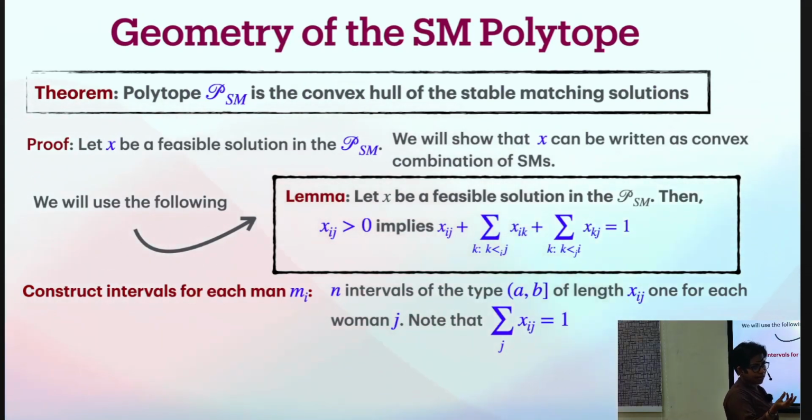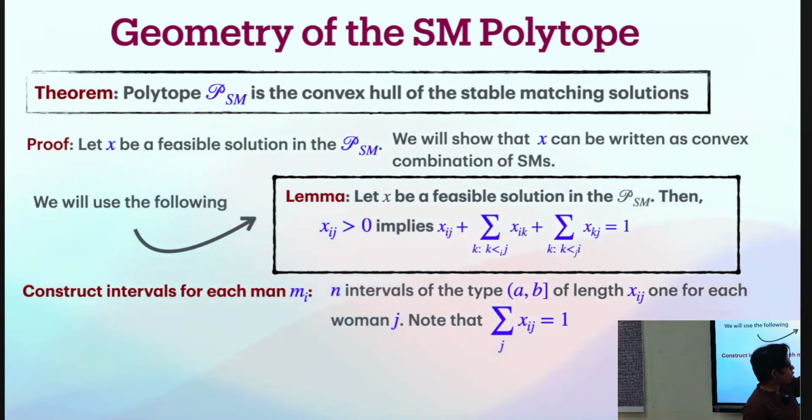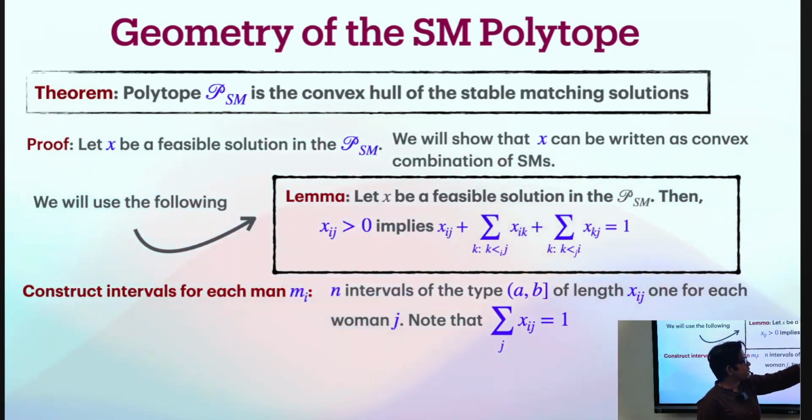So, if an xij value is non-zero, I consider an interval of that much length in the real line 0 to 1. Because of this whole thing, you can see all the intervals corresponding to this man i will add up to 1.